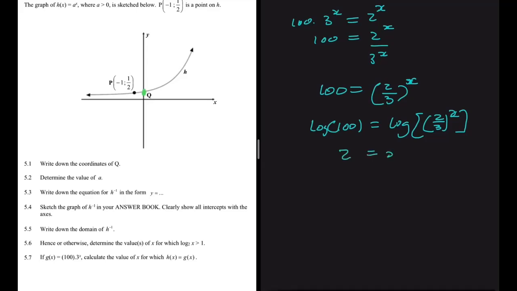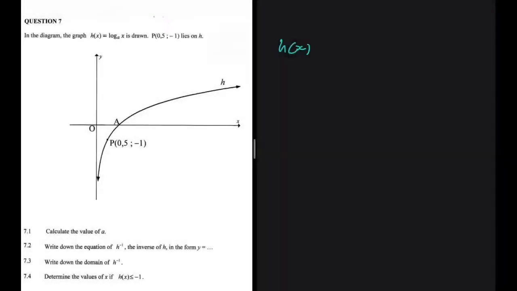So we're going to have x and then log of 2 divided by 3. So you can see now that x is going to be equal to 2 divided by log of 2 divided by 3, right? And then x is going to be equal to minus 11.36.